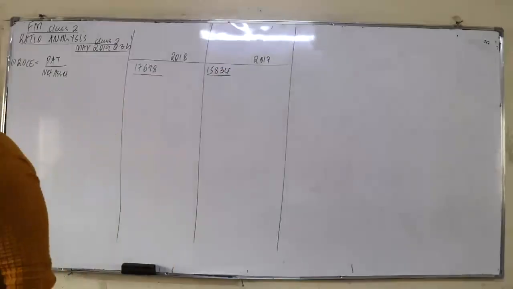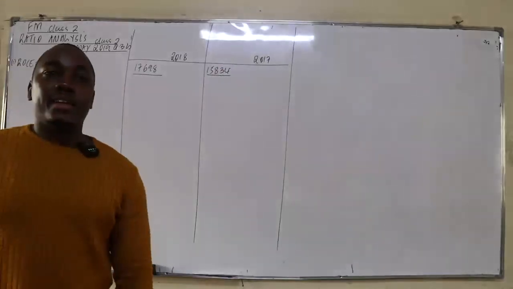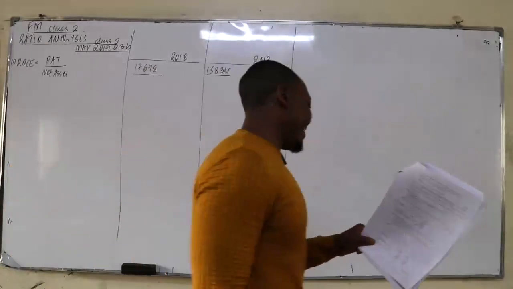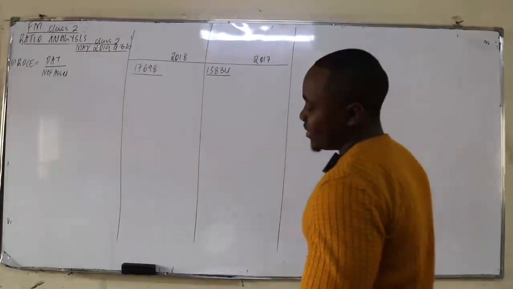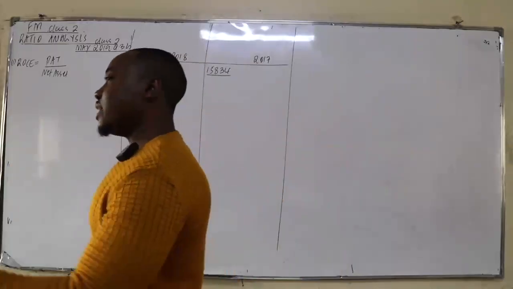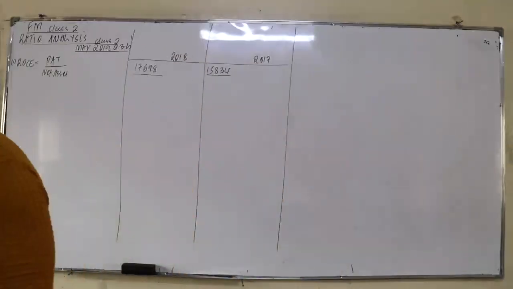How do you get the net asset? Total asset minus current liability, it has to balance, right?